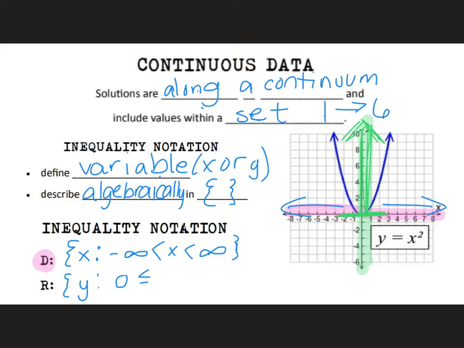That means the graph does touch the 0, all the way up to infinity. That's actually one way we can write this, or we can say that y is greater than or equal to 0. Either one of these will work. Means the same thing. So in this case, things will be interchangeable.